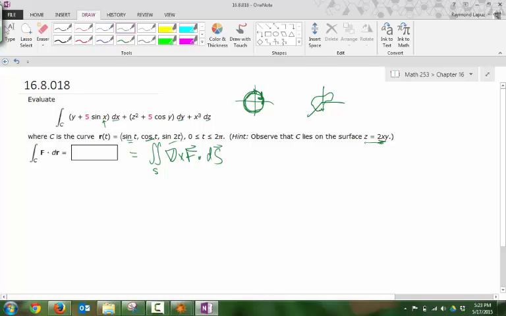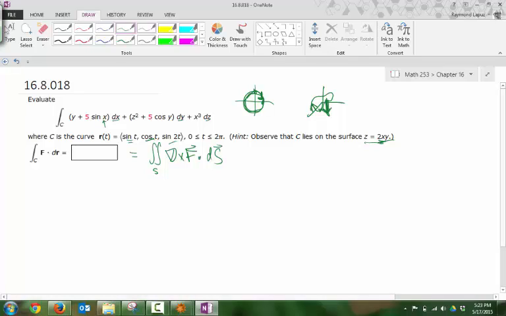So it's going this way, and as it goes around that way, it's going to develop a downward normal vector to the surface. Okay. So let's approach it that way.